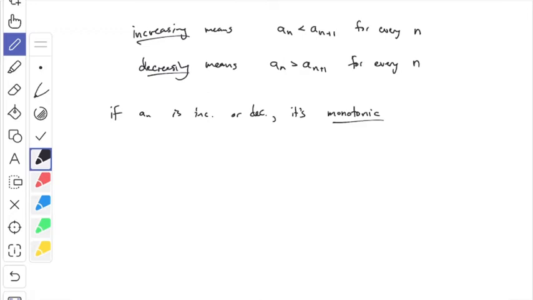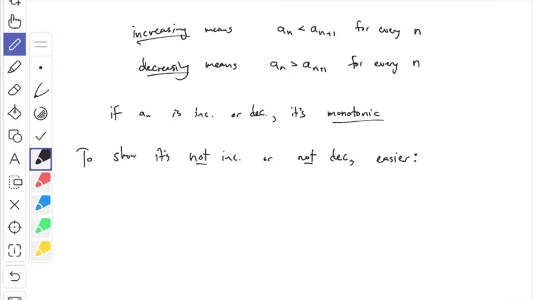Okay, actually, to demonstrate that a sequence is not increasing or not decreasing is much easier. To show it is increasing, you have to demonstrate the inequality holds for every n.